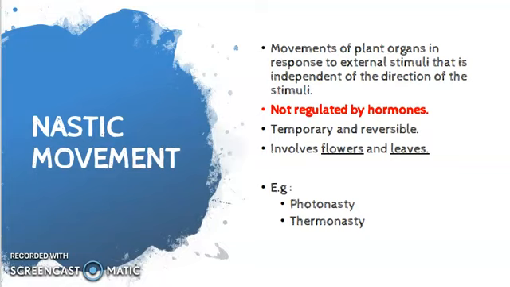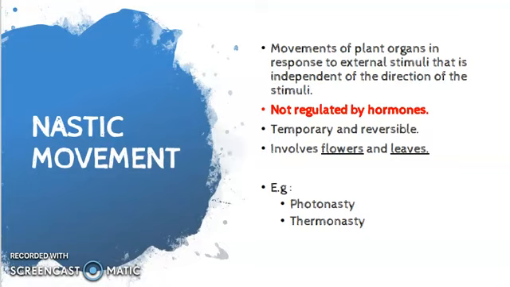Let's continue our lecture with this slide about nastic movement. Nastic movement is the second group of plant responses toward external or internal stimuli. Now we want to discuss the meaning of nastic movement.